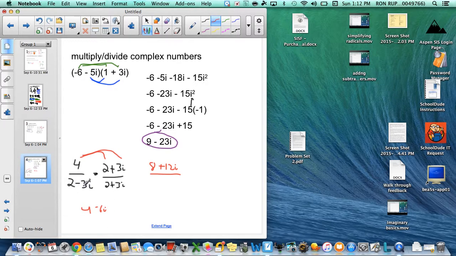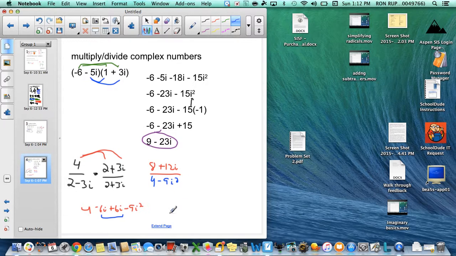And 2 times 3i is plus 6i. And negative 3i times positive 3i is negative 9i squared. So these two are like terms, and negative 6 plus positive 6 cancels each other out. So that leaves me with 4 minus 9i squared.